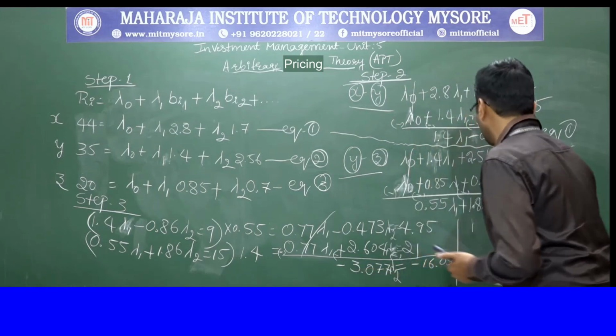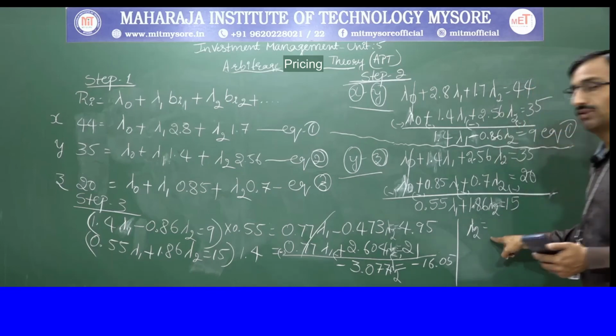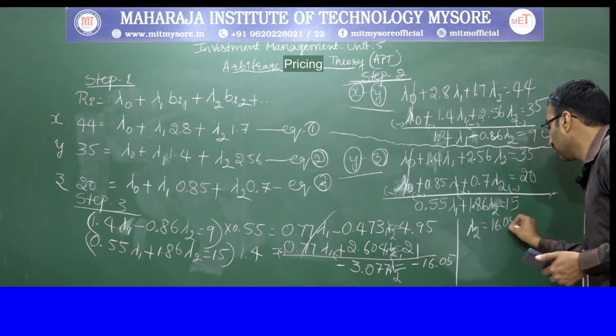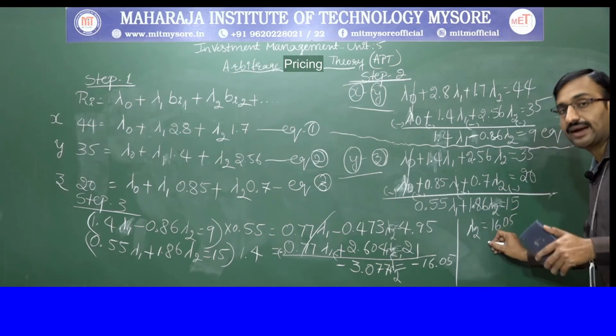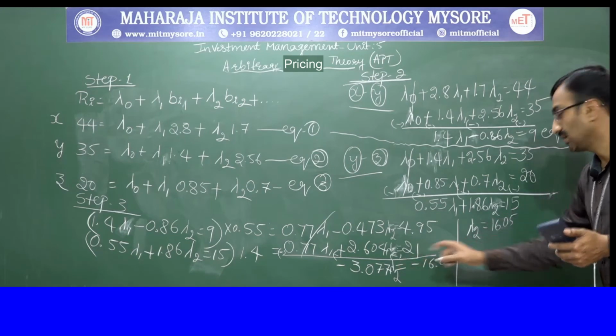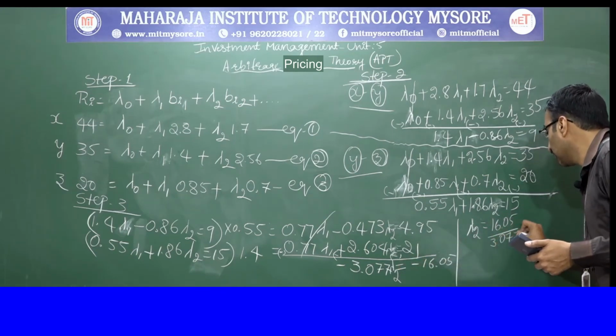So, let me find out lambda 2: we will divide 16.05 by 3.077.